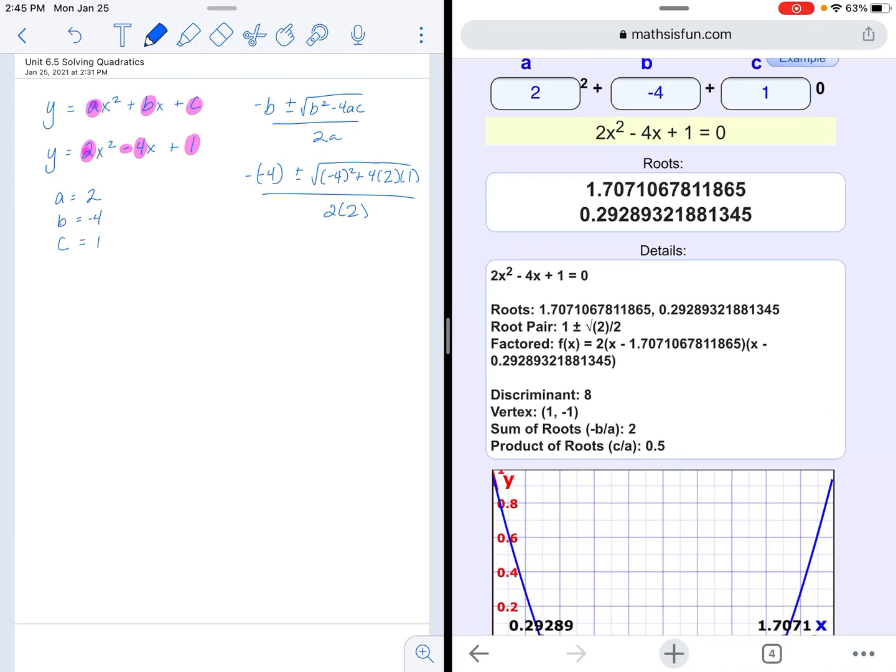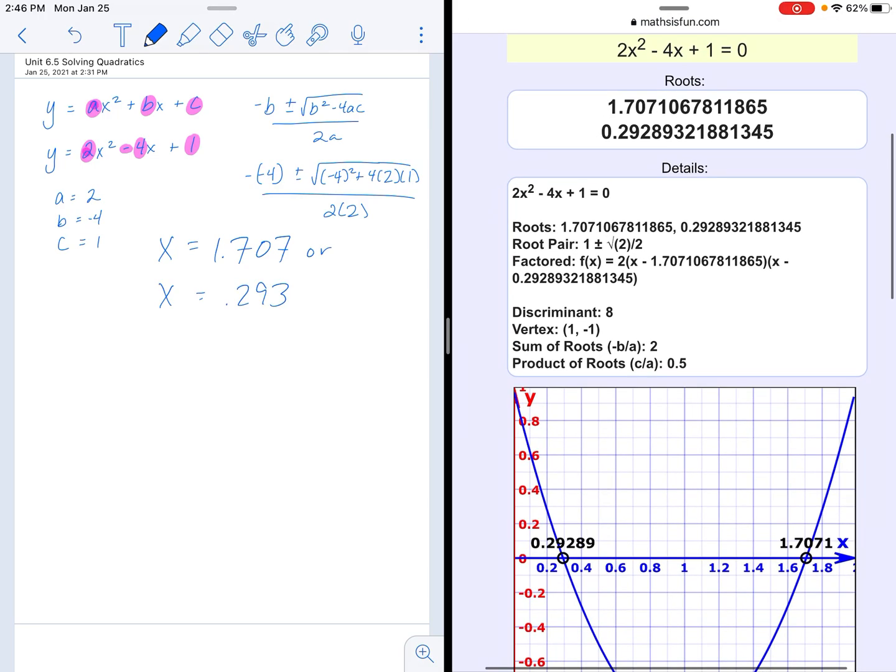So these roots are my solutions. They're the values of x. So x equals 1.707, or x can equal 0.293. There's two possibilities there.